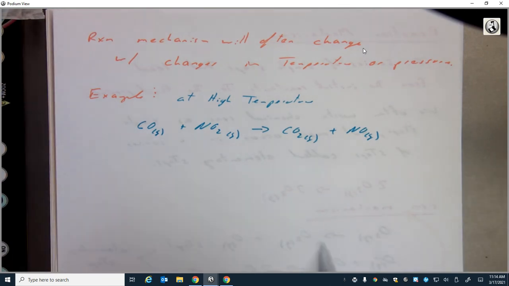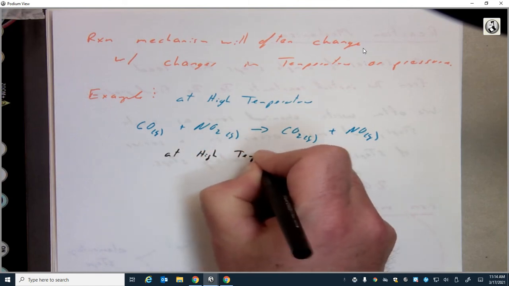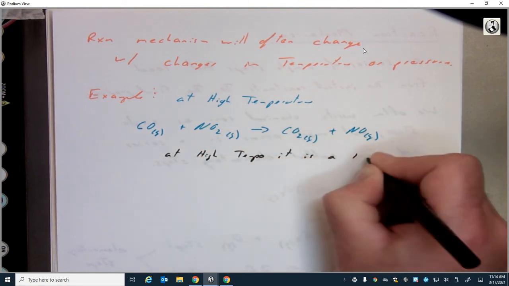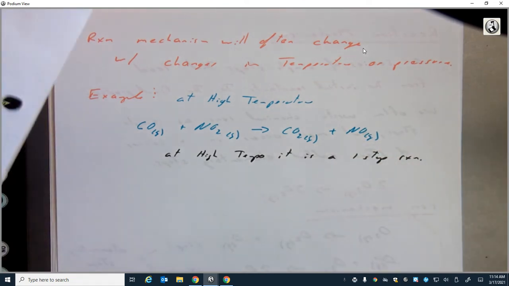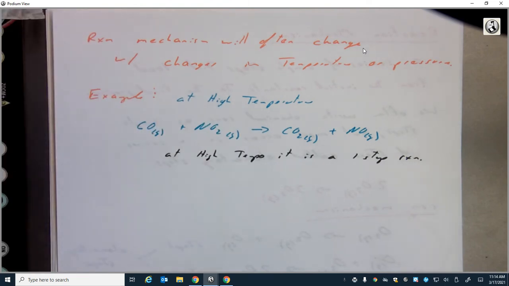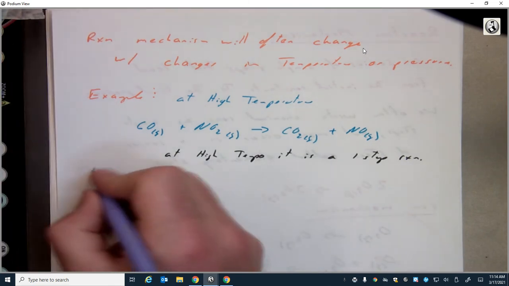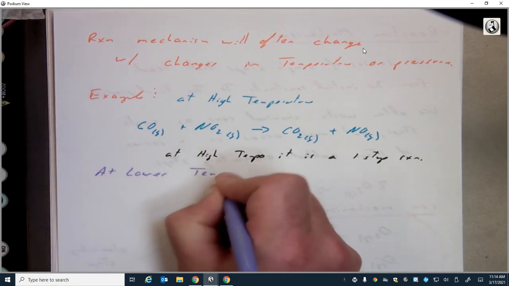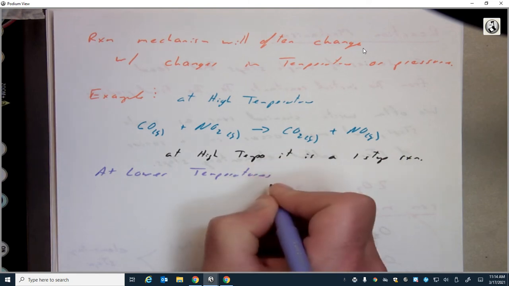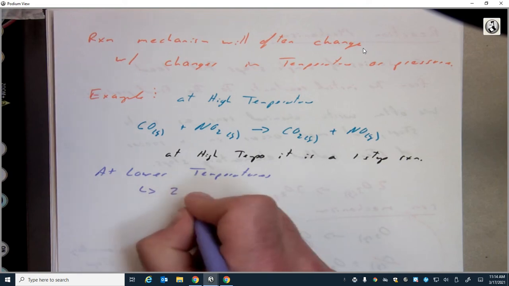It's a one-step reaction. But at lower temperatures, this reaction changes. At lower temperatures, it's actually a two-step mechanism.